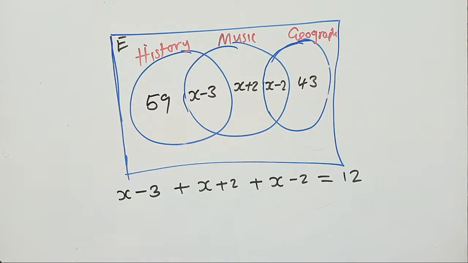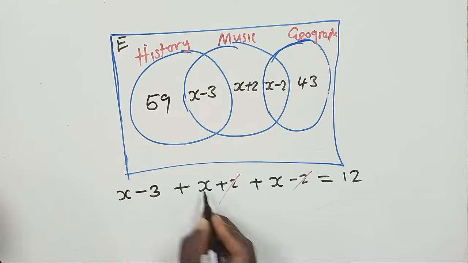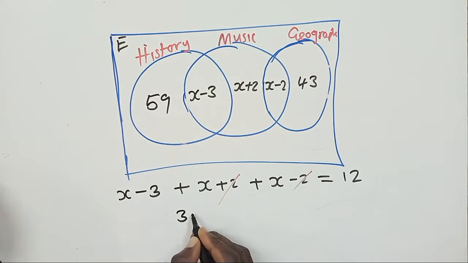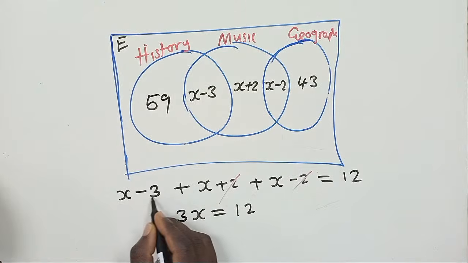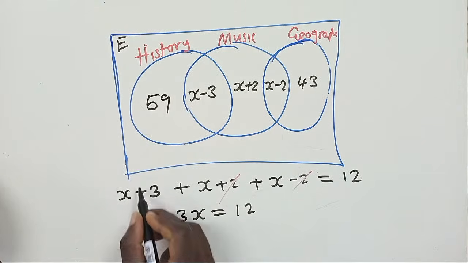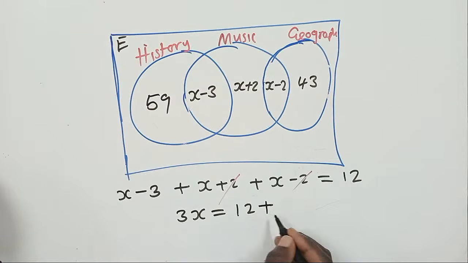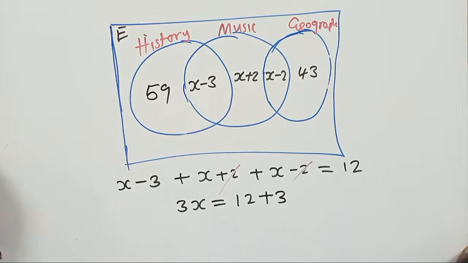If you can see nicely, these 2 minus 2 will cancel. We will remain with how many x's? 3. x plus x plus x is 3x, which is equal to 12. These 3, we add to both sides, or it crosses the equal sign. We have plus 3.